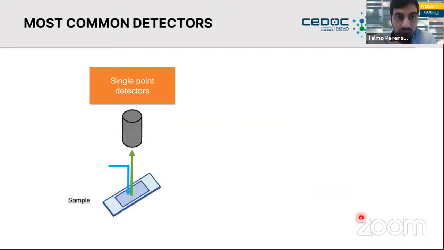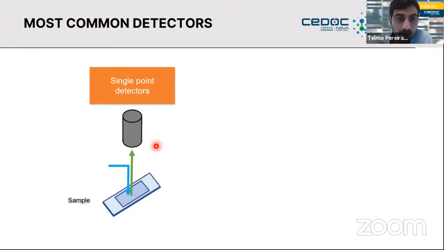The most common detectors are of two types. The first type is single point detectors. They detect just a single point of light that reaches them. We have a beam of light illuminating your sample, and this beam will excite your sample at a particular point, and this point will emit a determined amount of light, which will then be detected by these single point detectors.